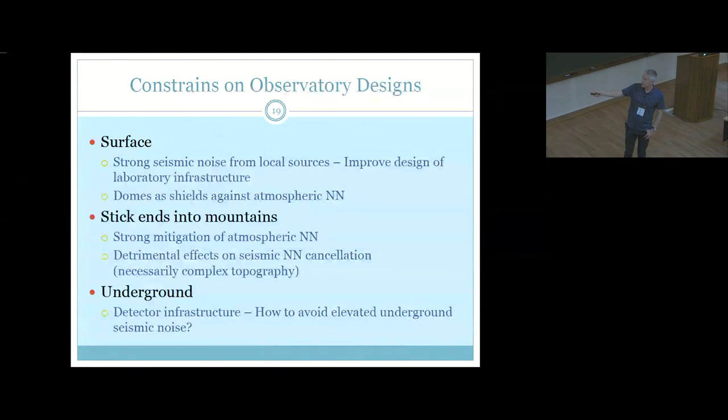Then something that I think Rana really started to discuss as an option for a future detector would be, instead of having the domes, you could search for a site where these domes occur naturally. That means you stick the ends into mountains. You don't have to stick them very far, only a few hundred meters, but you don't have to construct all of the detector underground. That would already provide the very important suppression of atmospheric Newtonian noise and really save some cost. And that is really, I think, a very elegant idea.